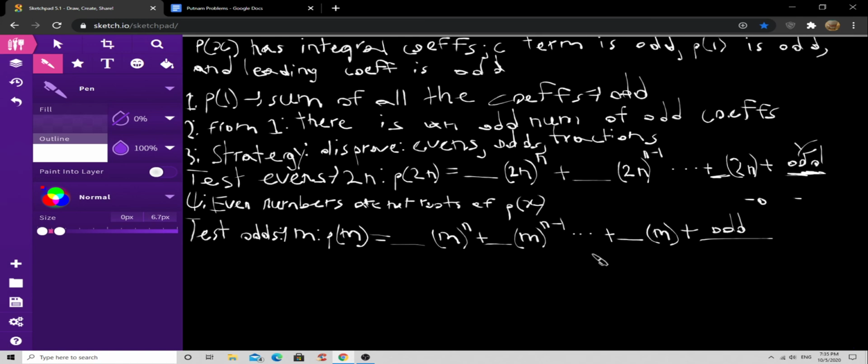Okay. And it's important to note that here's something we can notice. We notice that this is either even or odd, and we notice something times some odd number to the n.